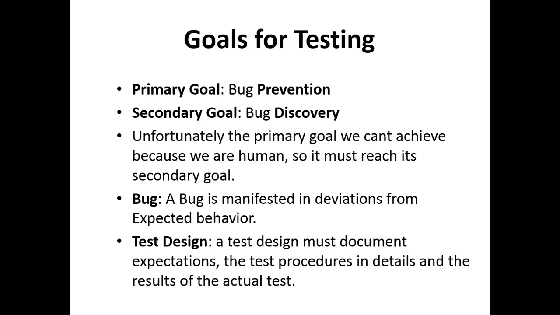So what is this bug? A bug is manifested in deviations from expected behavior. You know that the software has to work in a certain way. For every software, there will be some intended behavior. It has to work like that. If you deviate slightly, that will be treated as a bug. A test design must document expectations, test procedures in detail, and the results of the actual test.